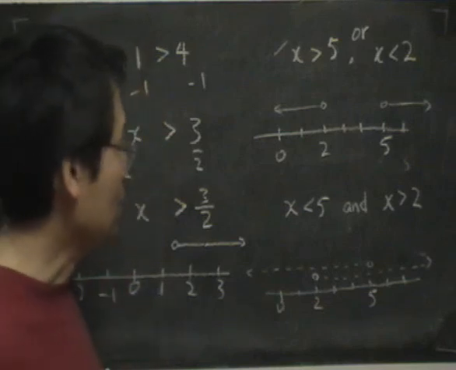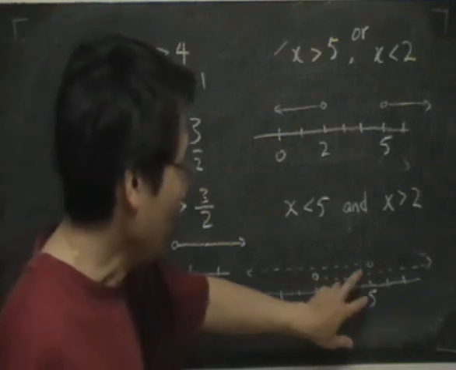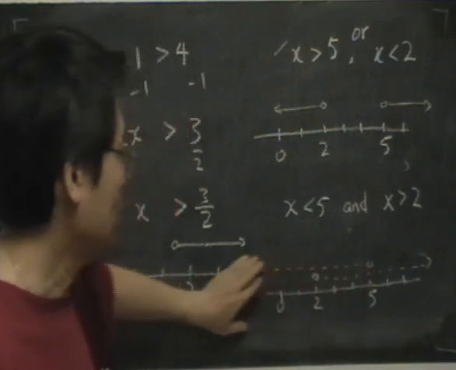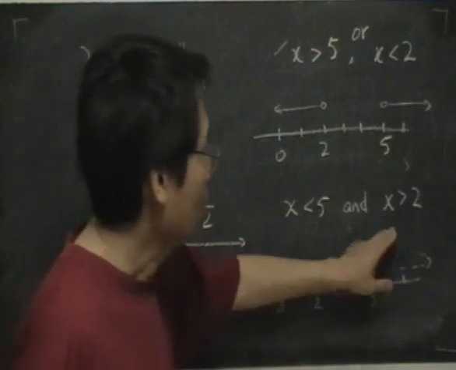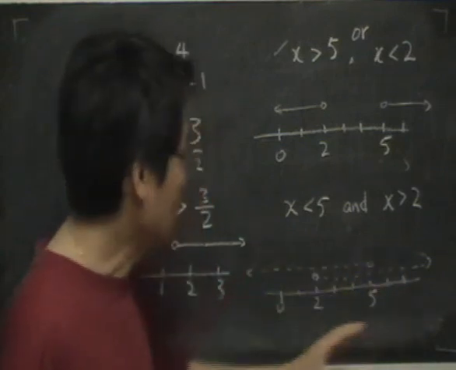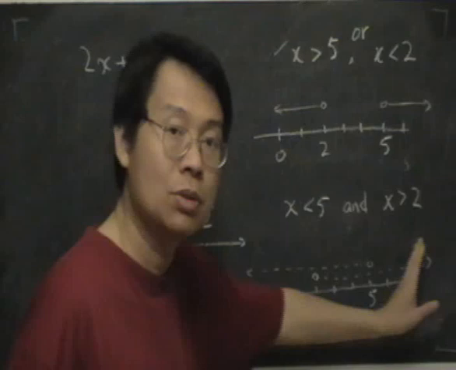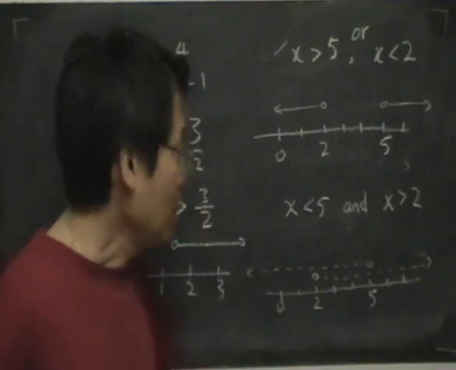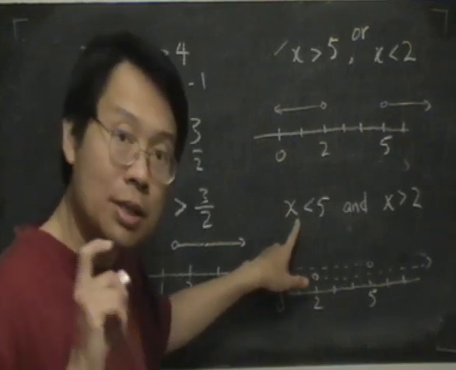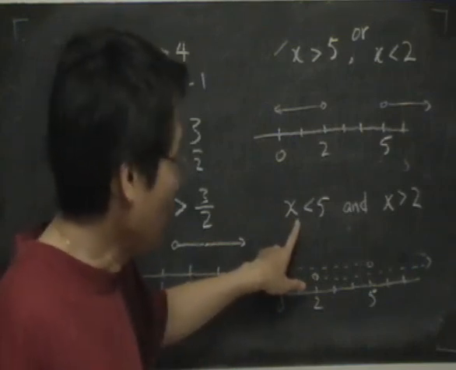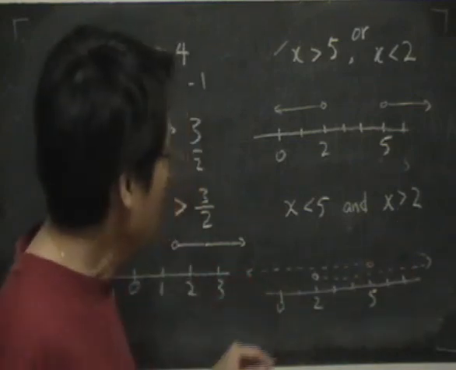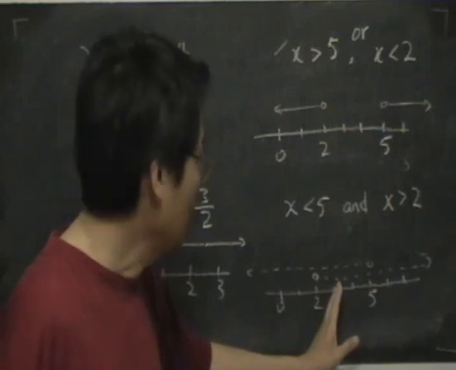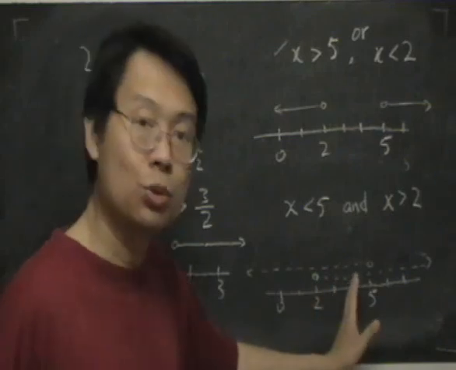Okay, and what this means is that if x is a number that is less than 5, it can be any number to the left of 5. But if x is a number that is more than 2, it can be any number to the right of 2. But if x is a number that is less than 5 and more than 2, so x must be to the left of 5, but it must be to the right of 2.